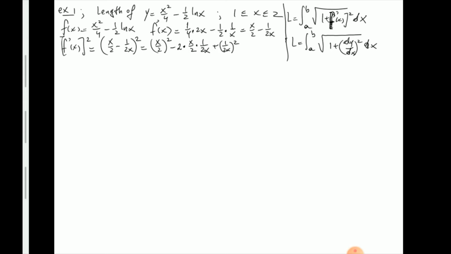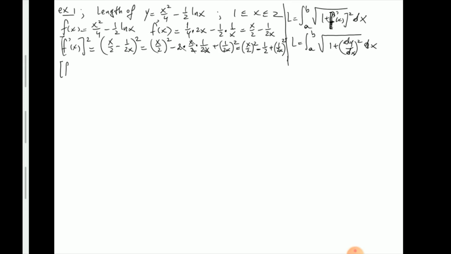Purposely, I'm not going to simplify this completely, because I want you to see what happens when I add 1. So that's just f prime squared. And notice that the middle term simplifies to 1 over 2, because x cancels, 2 cancels. And so that's going to be minus 1 over 2 plus 1 over 2x quantity squared. On the other hand, what you have to integrate is 1 plus f prime squared under the radical.